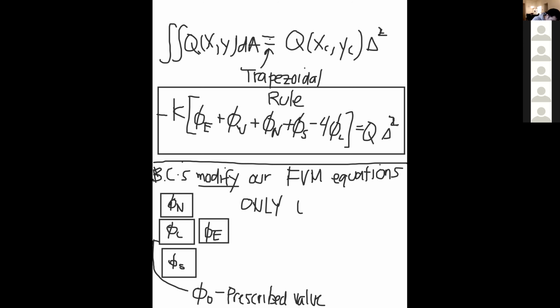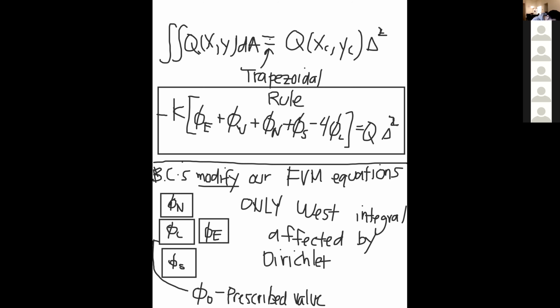So only the west integral is affected. Because you can see for this case, for phi c, we have our north neighbor as usual, we have our south neighbor as usual, and we have our east neighbor.